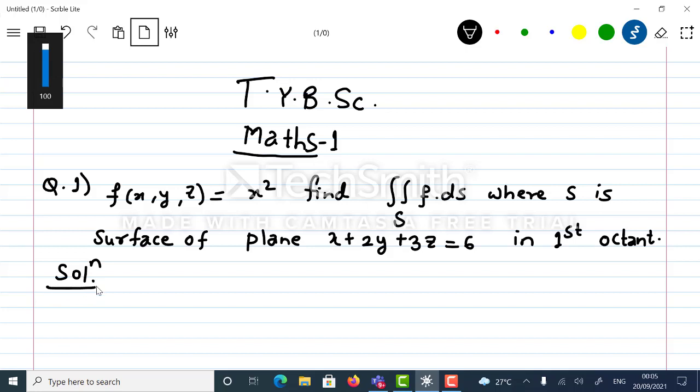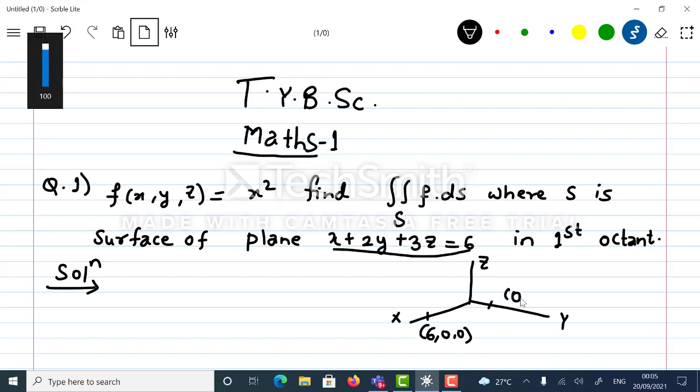So we need to find out a parameterization, and then there is a standard definition to find out the surface integral. First of all, let us draw this tetrahedron. So we can easily identify the 3 points from the tetrahedron: 6, 0, 0. Then this is x-axis, this is y-axis, this is z-axis.